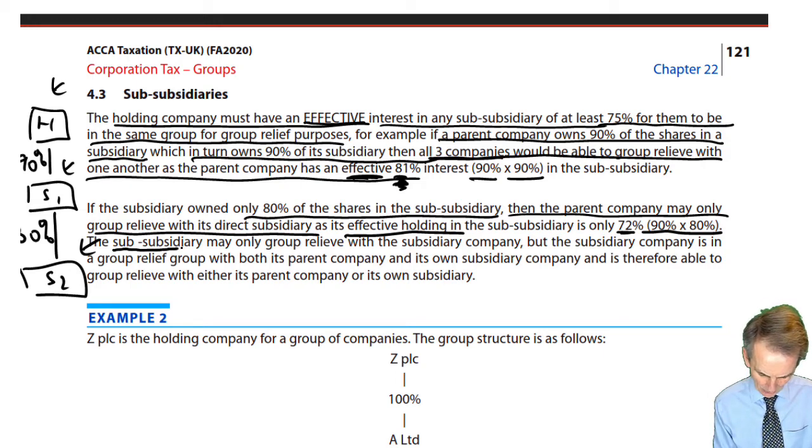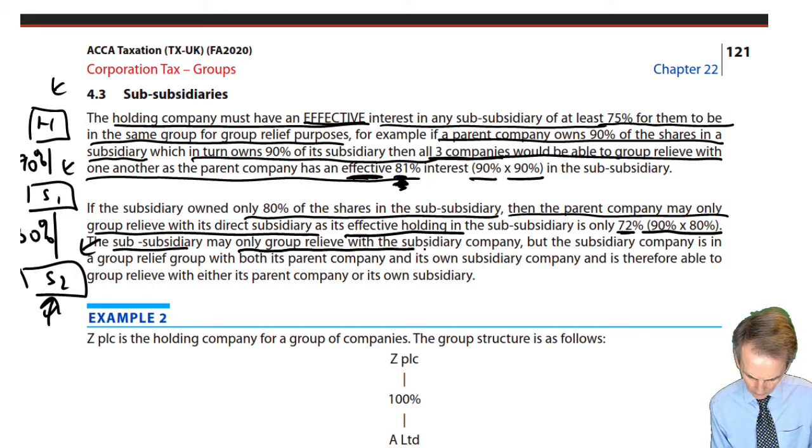The sub-subsidiary, S2 here, may only group relieve with the subsidiary company. It can only group relieve with S1.